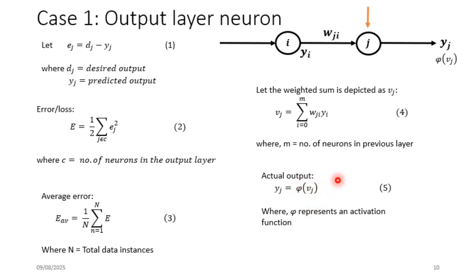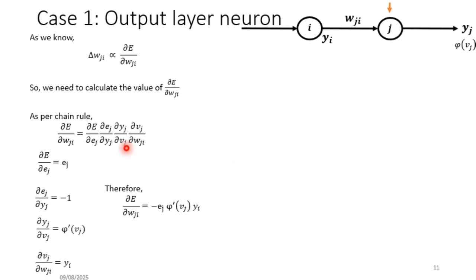And the partial derivative of Vj with respect to Wji is Yi. After substituting all these values in the previous equation, we get this.